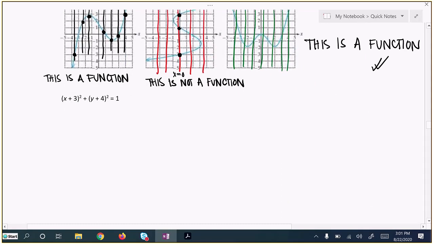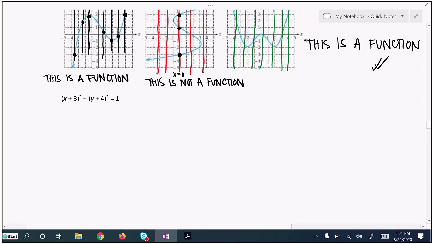So what about if I have an algebraic expression like (x+3)² + (y+4)² = 1? Well, we've done an example sort of similar to this when we had x² + y² = 169. We want to try to solve this for y and see if we get exactly one y value in the range for each x in the domain.